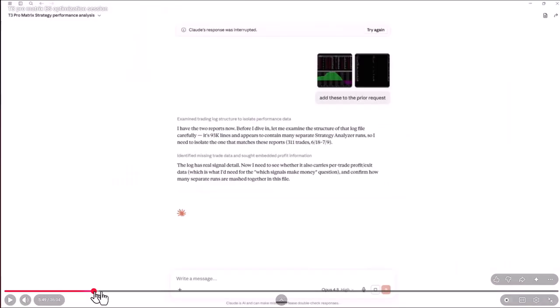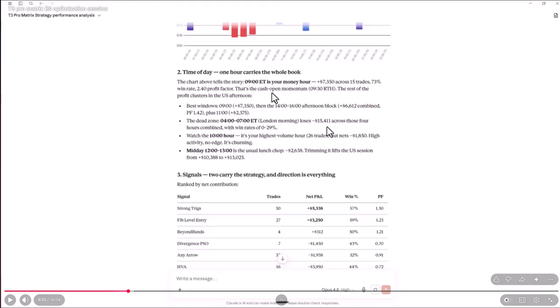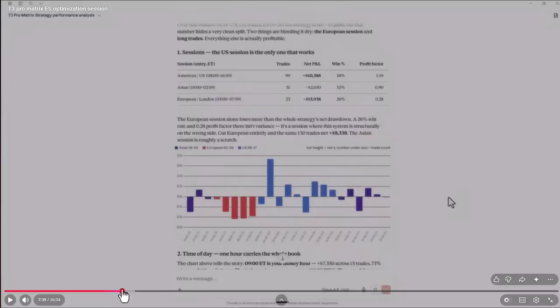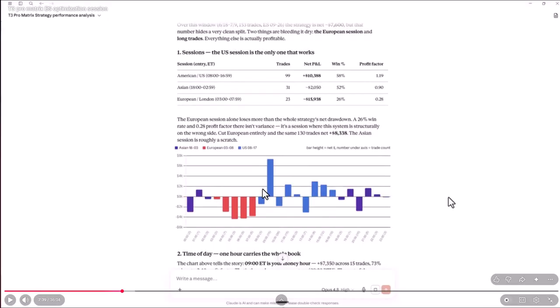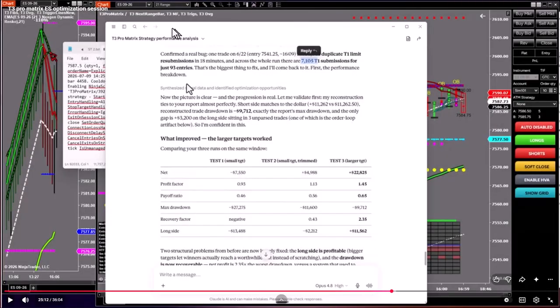And then I put in the Ninja reports and I run the analysis, and then ultimately it'll tell me the time of the day that works better, sessions that don't, et cetera. And then you start to tweak the system a little bit to where you get rid of the Asian session, get rid of the early Euro session. And then as I get through the video, when I started the first back test, it started out negative $7,500.